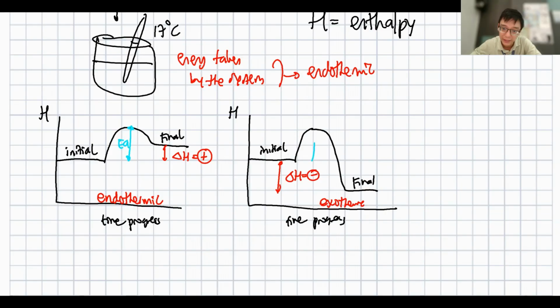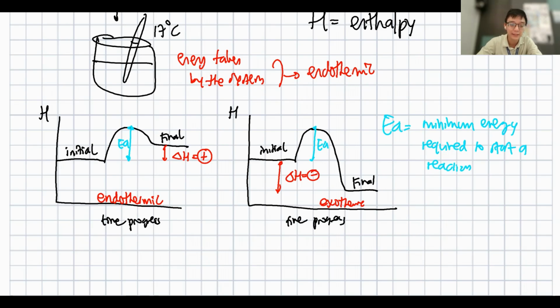From the initial position to the highest peak, EA, or activation energy, is the minimum energy required to start a reaction. So this should be the complete label. The initial represents the reactant form, while the final represents the product form.